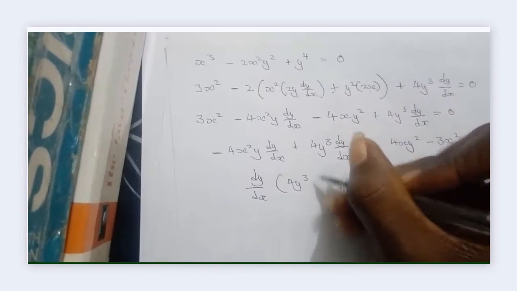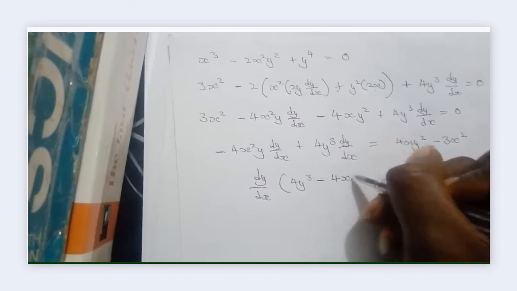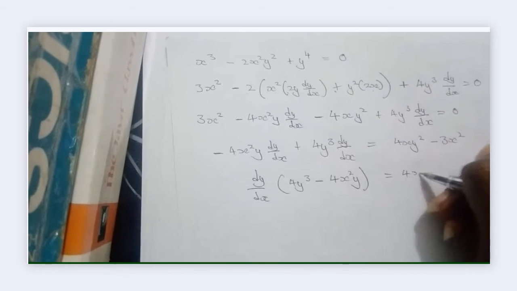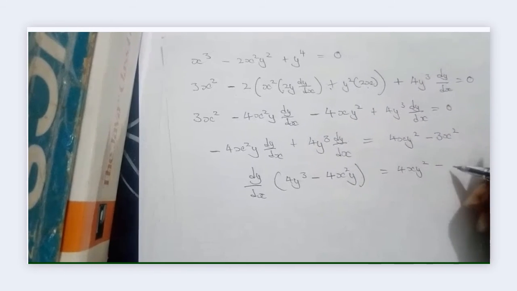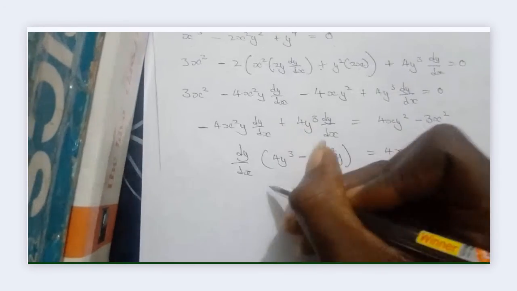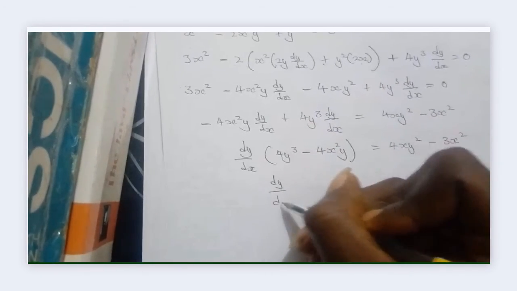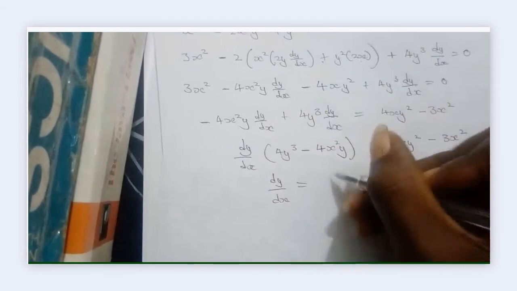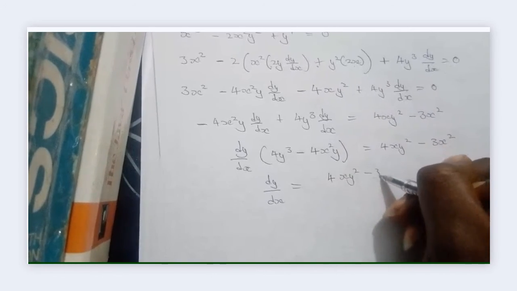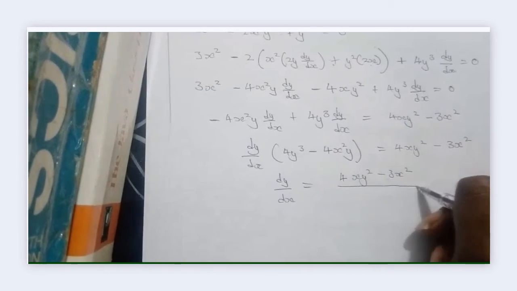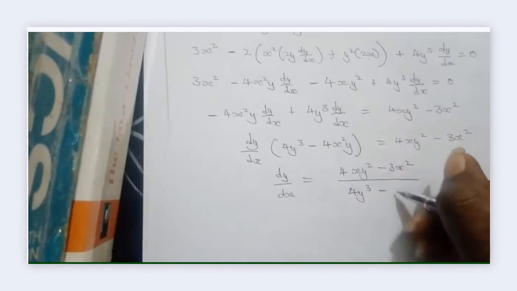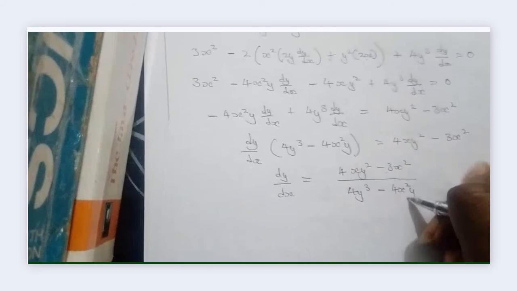So 4y raised power 3 minus 4x squared y. Then close the bracket. Equals to 4xy squared minus 3x squared. Right? So this will just be dy over dx is equals to 4xy squared minus 3x squared over 4y raised power 3 minus 4x squared y.